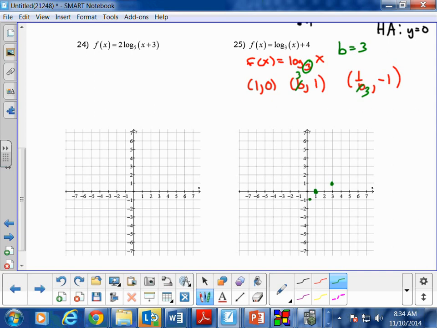But remember, this one is going to shift, and the only thing I see present on this one is the k value. Since we have k, it's going to shift everything up by 4.